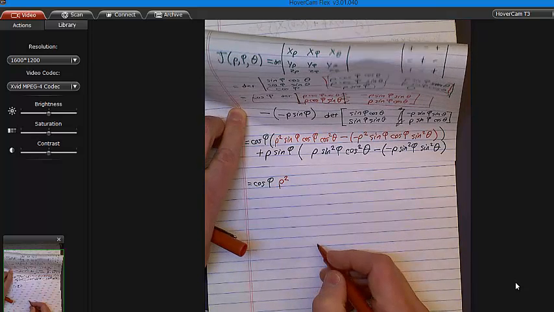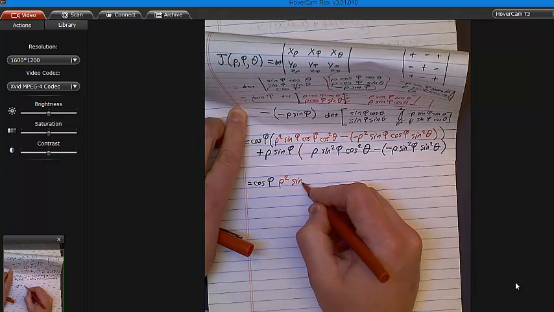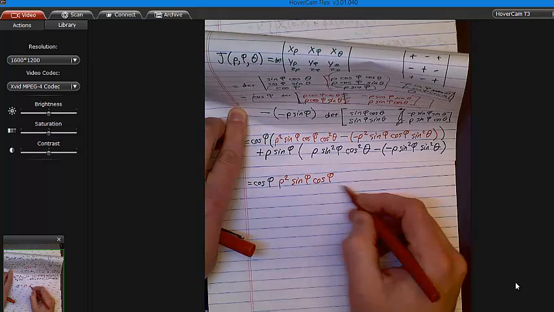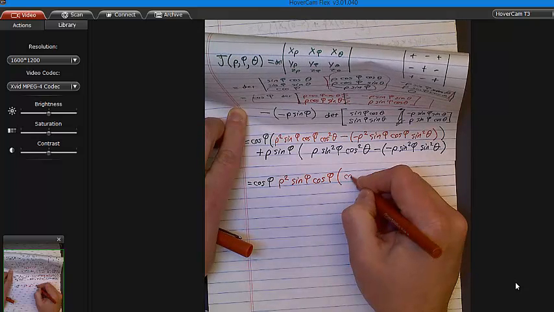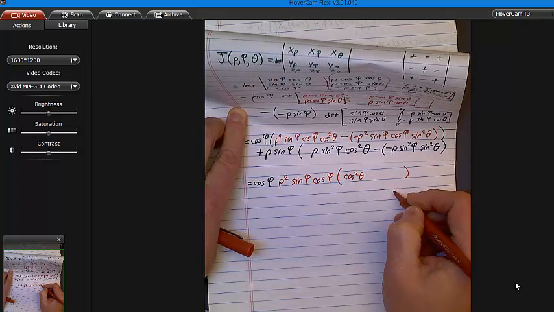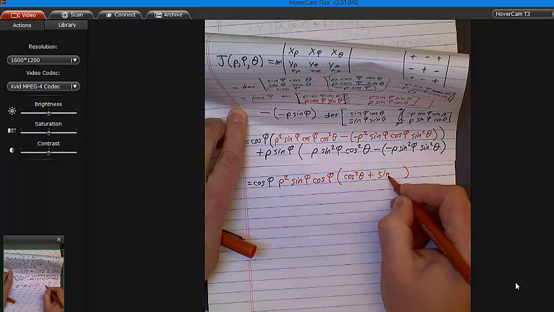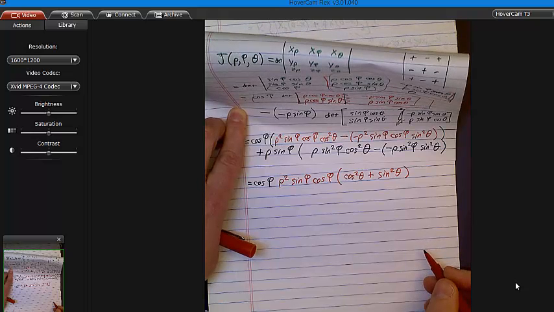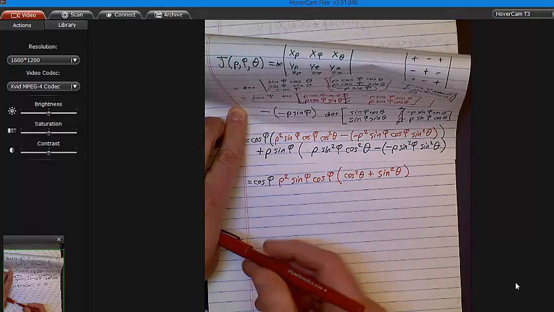And then I see, what else is common? Sine phi and cosine phi, yep. And so the only thing you have left is cosine squared theta plus sine squared theta, which is really nice, because what's that equal? That equals 1. So this is going to simplify significantly in a moment.